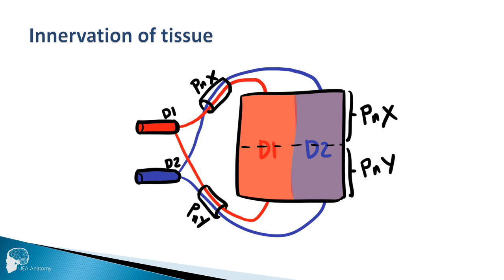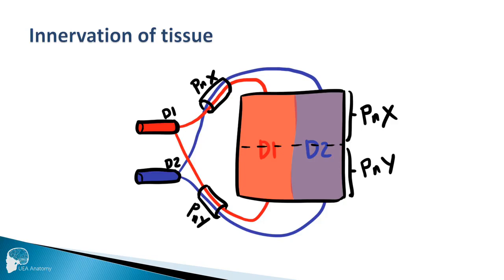Conversely, the left side of the block of tissue receives its innervation from only D1 via both peripheral nerves PNX and PNY. The right side of the block of tissue receives its innervation from only D2 via both peripheral nerves. You will see if a disease process is affecting different parts of this innervation pathways, there will be different losses of innervation.